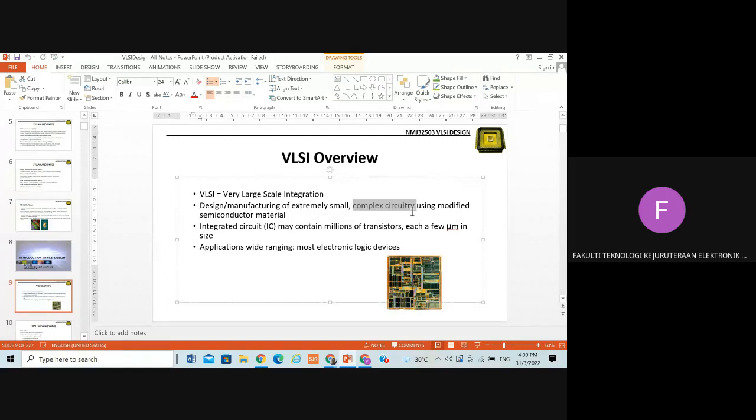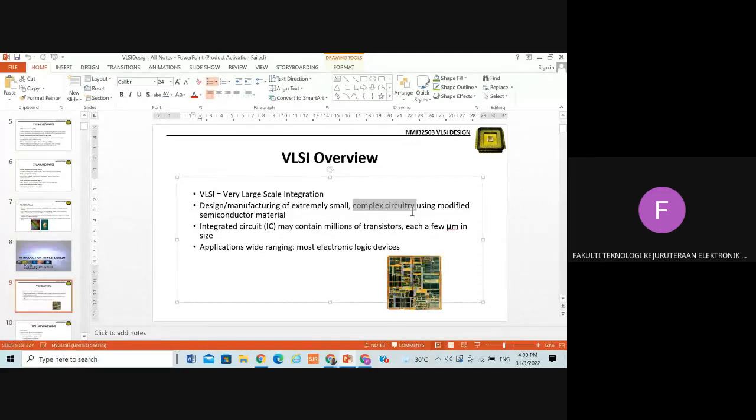So you know already, especially digital design 2, the Boolean equation, from which you can get a circuit. A circuit comprises PMOS and NMOS transistors. Just imagine one inverter, we need 2 transistors.